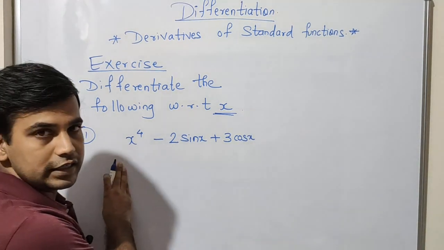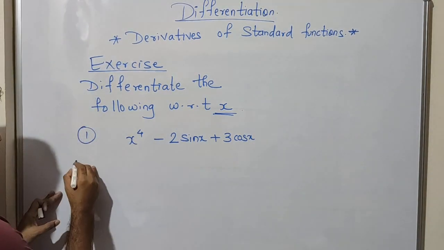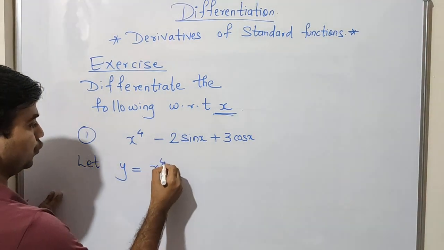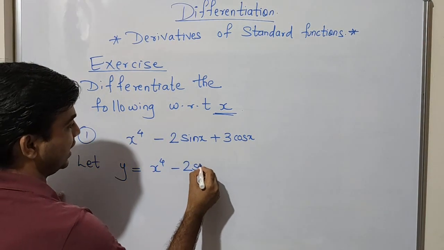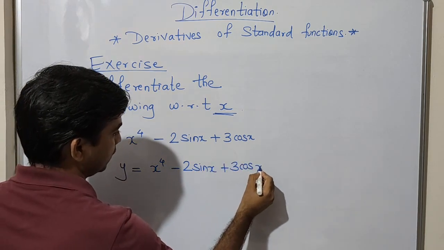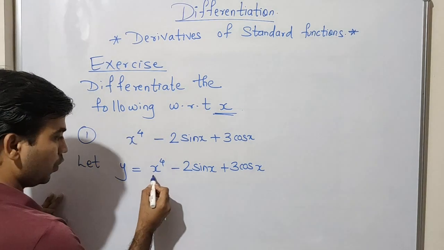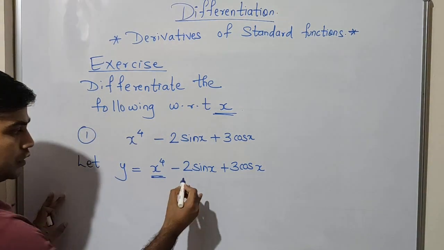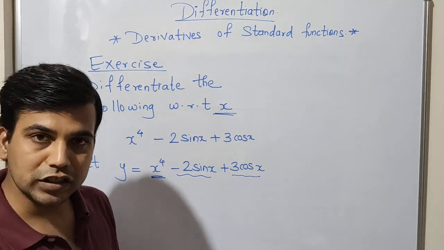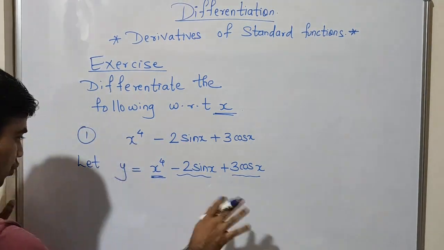Let us denote this complete function by y. Let y equal x raised to 4 minus 2 sin x plus 3 cos x. As you can see, I have got the coefficients 2 and 3 over here. So we are going to use both sum and difference rule over here. So let us start.